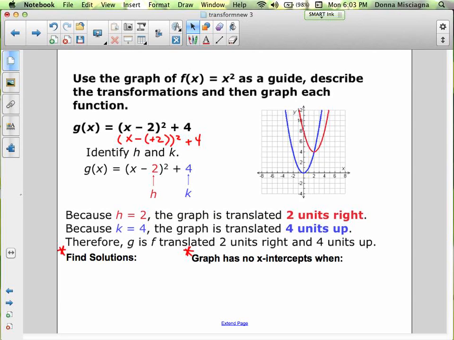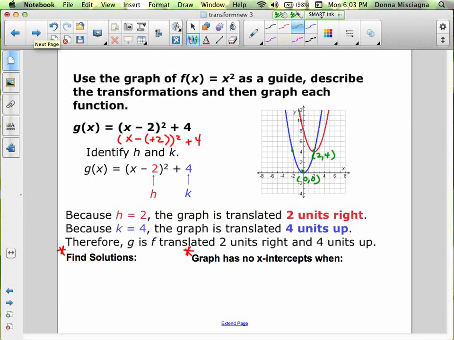So every point on our graph, here we have the point (0, 0). If we move 2 to the right and 4 up, we have the point (2, 4). And that's going to be true for all of the points. There's not a whole lot of points that are really easy to figure out. I can figure out this point, I think.